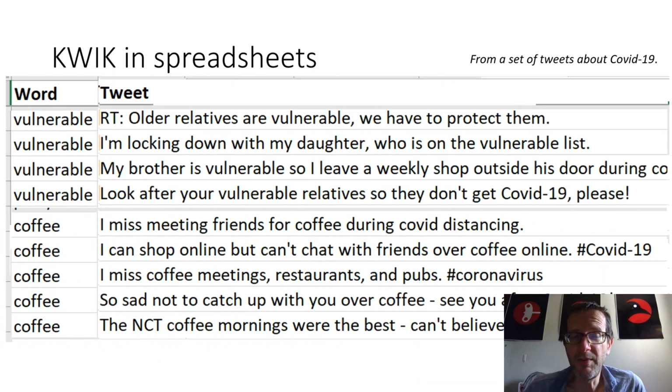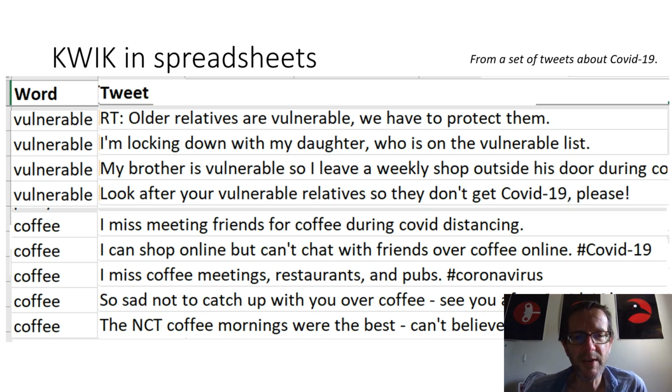So 2 more examples. So you can apply quick in spreadsheets. So we'll be doing that this morning. So this is data from a set of tweets about COVID-19. And there are 4 tweets containing the word vulnerable. So vulnerable was detected by the word association detection. And then 5 containing the word coffee.